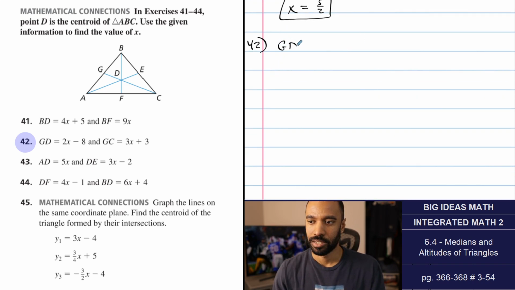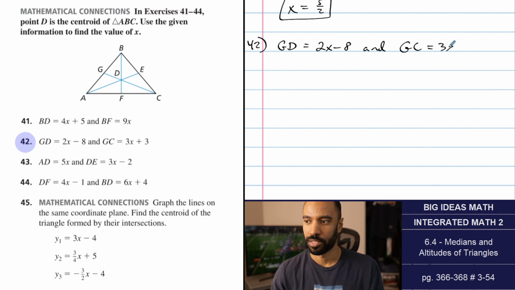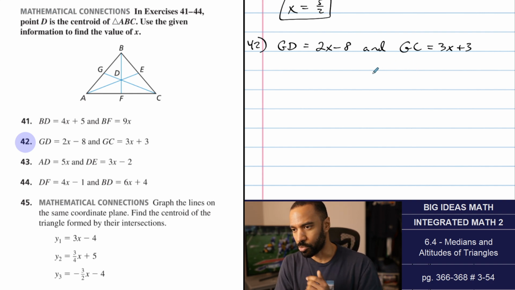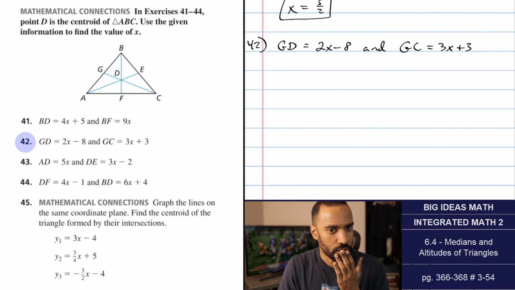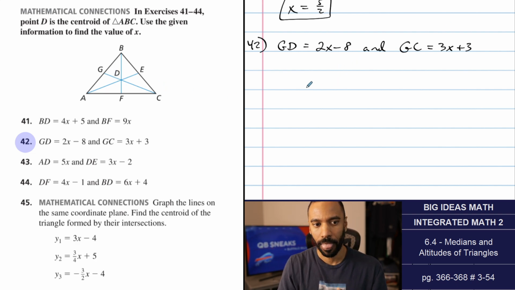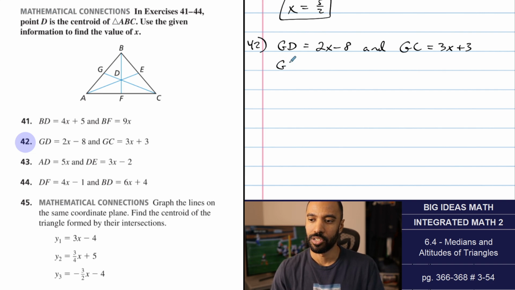GD is 2x minus 8, and GC is 3x plus 3. Okay. GD, 2x minus 8, GC, 3x plus 3. GD is 1/3 of GC.